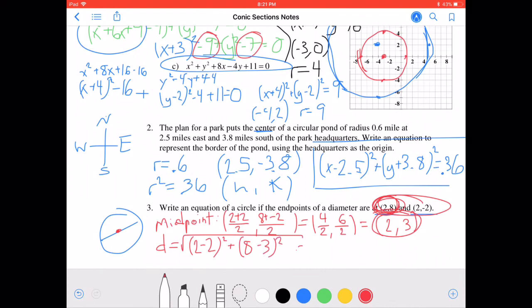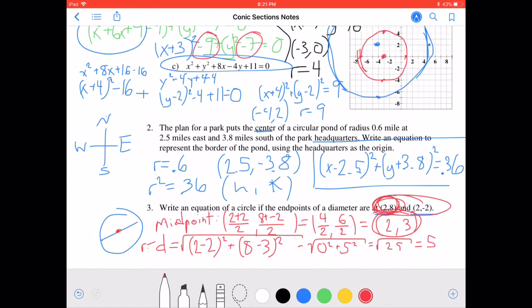squared, which means we get the square root of 0 squared plus 5 squared, which means we get the square root of 25, which means our distance, which is also our radius, would be just 5.